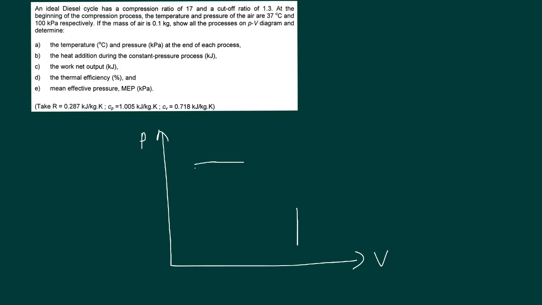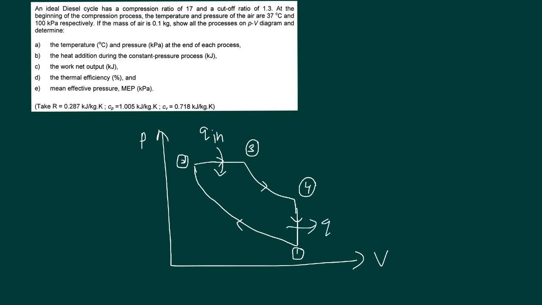So you're going to connect this process, right? So this will be your state 1, where the compression is happening. This is your state 2, this is your 3, and this is your 4. So this is your Q in, where the combustion is taking place at constant pressure, and this is your Q out.